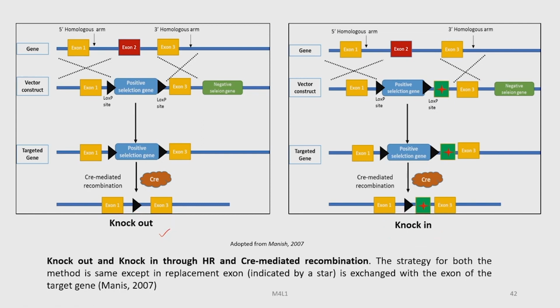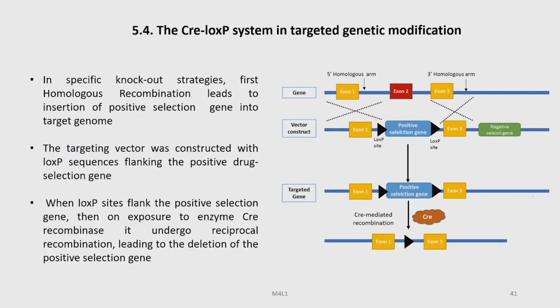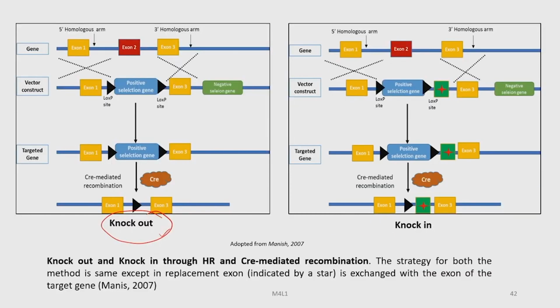So, you can see here the first system is the knockout, which we have already studied, and the second picture is almost similar, but there is a knock-in or addition of a gene over here, and this gene which is being shown in this green box as a star is included in the final product.